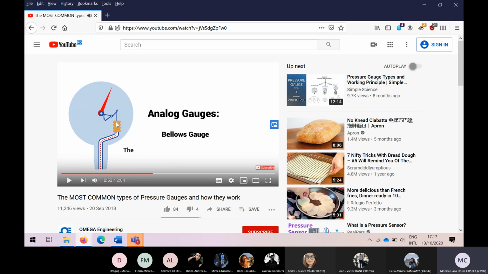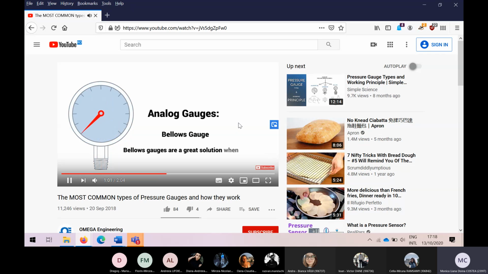So you see the bellow that was fixed in my drawings, now it acts and it determines the pointer to turn to a certain value of the pressure. It measures a pressure range below what the Bourdon tube gauge can give, so they are complementary actually.